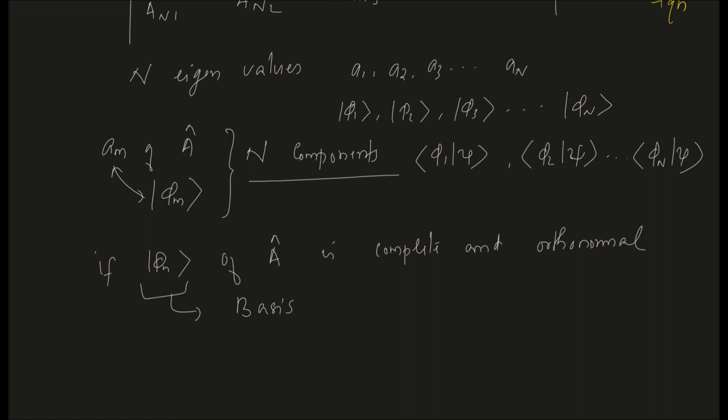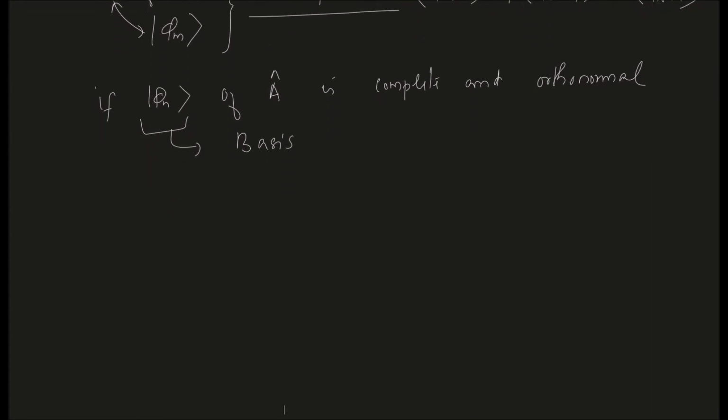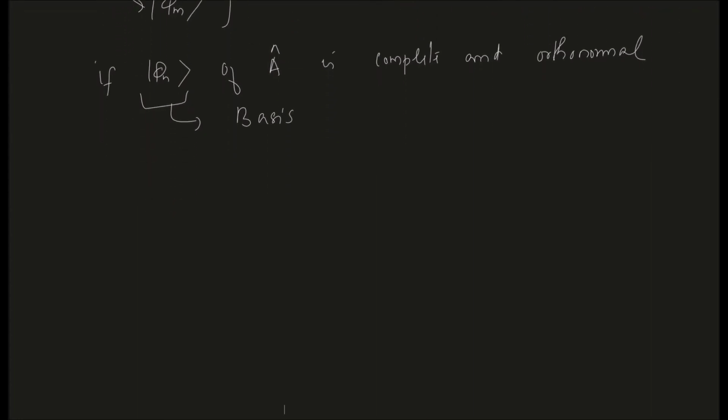So in this basis, the matrix representing the operator A must be diagonal. Let's see that. We have seen that the matrix element A_mn is basically <phi m|A|phi n>.